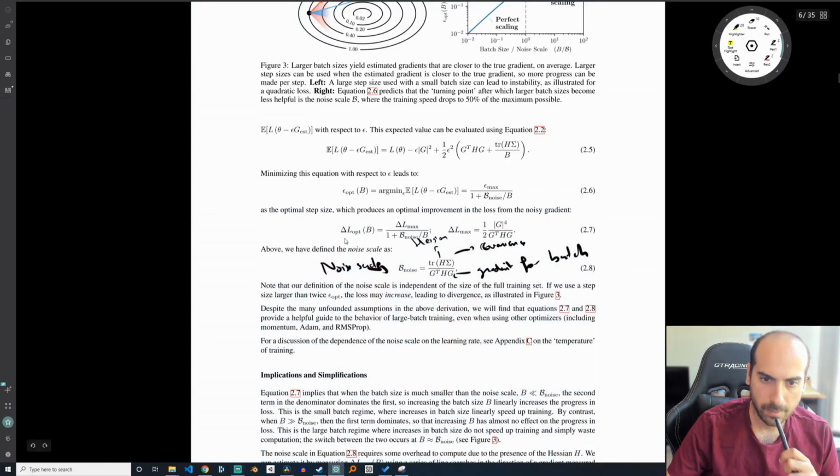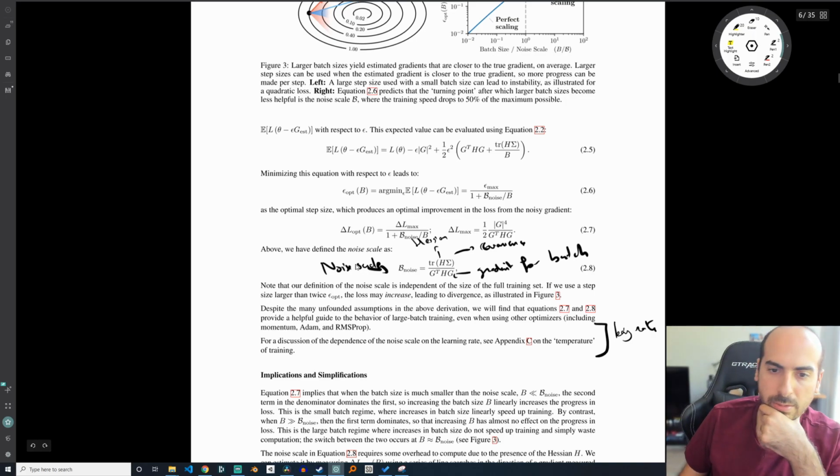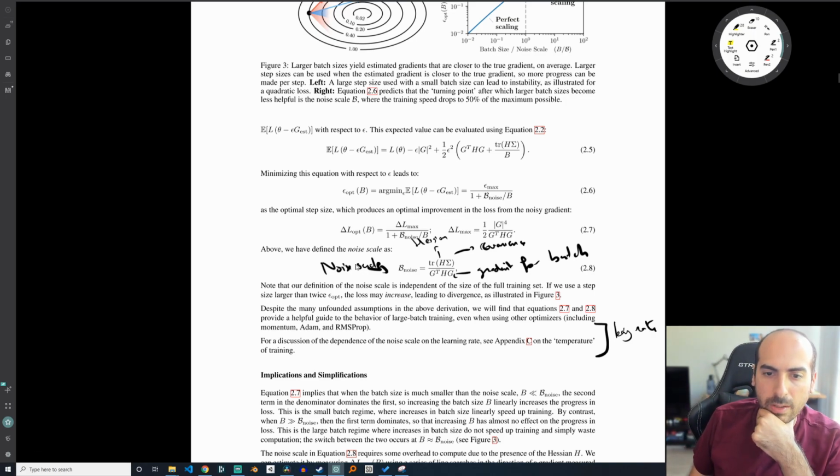So this is interesting. It's also implicitly a function of the learning rate, but I guess they just removed it here to simplify the derivation a bit.